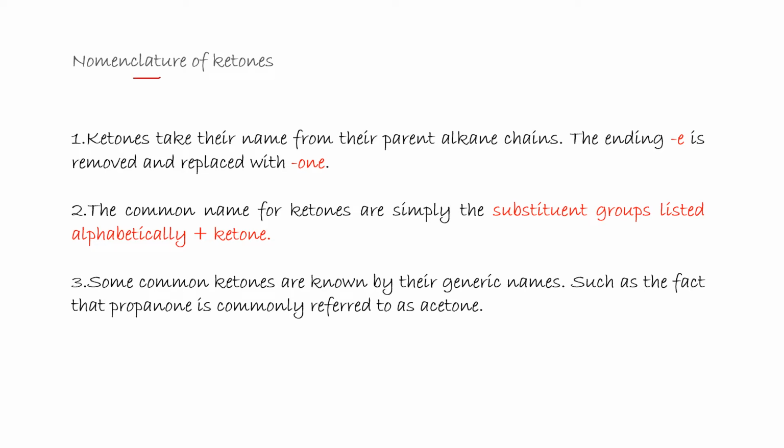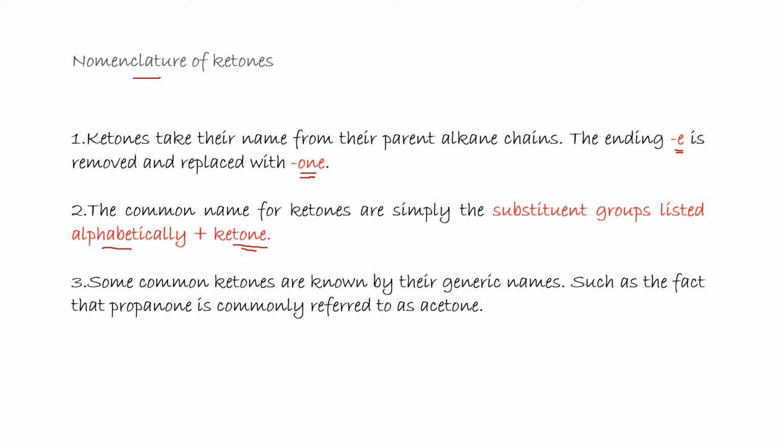Nomenclature of ketones. Ketones take their name from their parent alkane chain again. You take the E out and you replace it by ONE, O-N-E. The common names for ketones are simply the substituent groups listed alphabetically, then you write ketone.